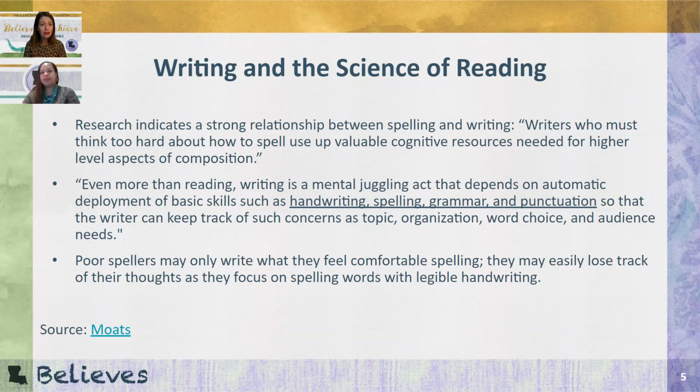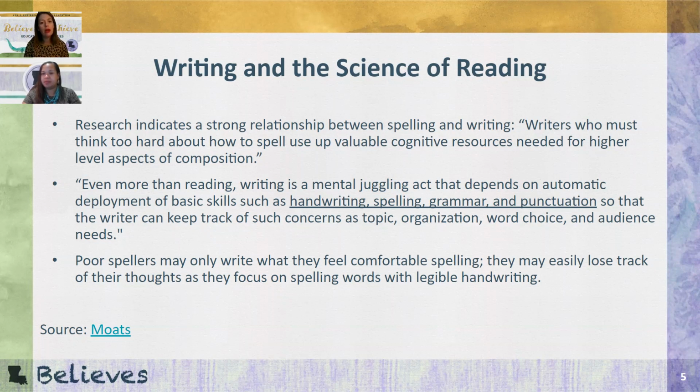And it requires students to be able to automatically deploy these basic skills: handwriting, spelling, grammar, punctuation. And when we say automatically, we mean you're not putting too much thought into that. That's not consuming the cognitive load, right? What's consuming the cognitive load is the content of what you want to put in your writing, not so much these basics, these mechanical skills.